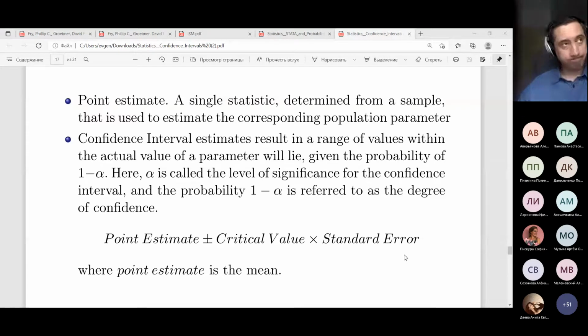When your alpha is small, your confidence interval is going to be narrow. A narrow confidence interval simplifies analysis. When your alpha is large, your confidence interval is going to be really large. Example: imagine you want to invest in a stock.